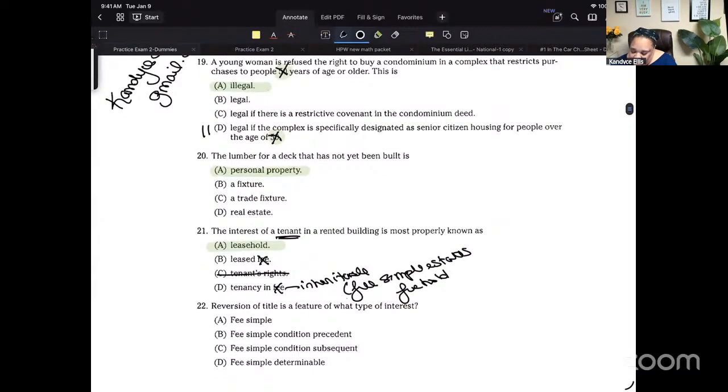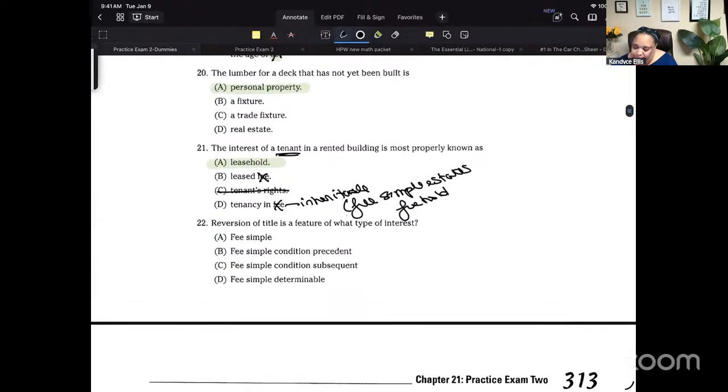Reversion of title is a feature in what type of interest? A, fee simple, B, fee simple condition precedent, C, fee simple condition subsequent, or D, a fee simple determinable. All right, let's think about this.